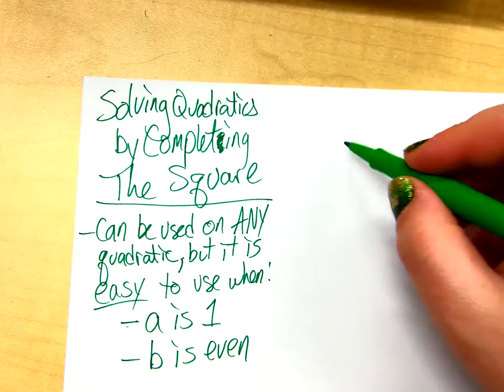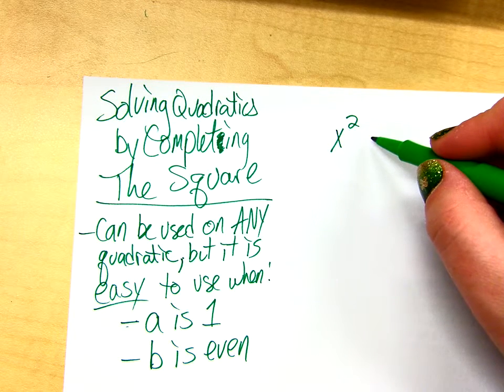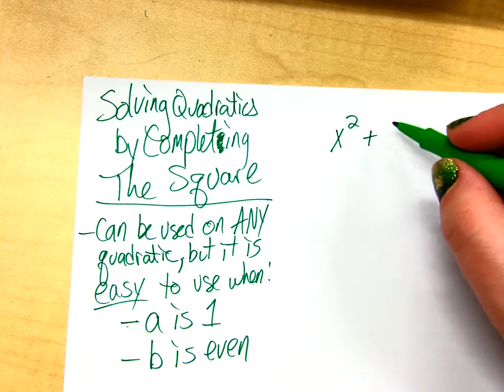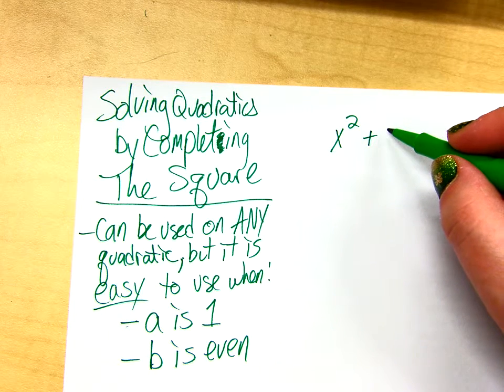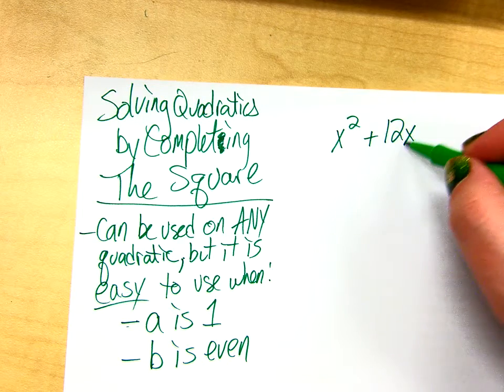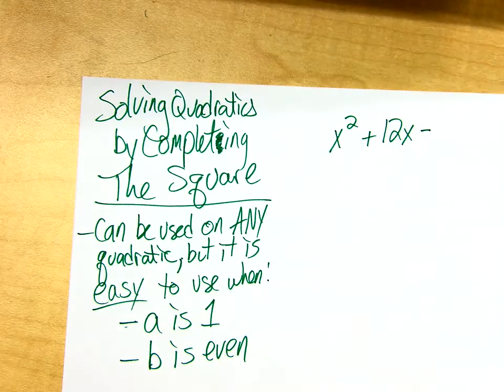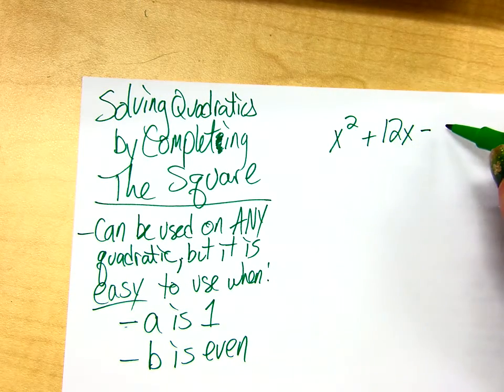Say I had x squared plus, how about 12x, and then maybe minus, I hear someone saying 2.